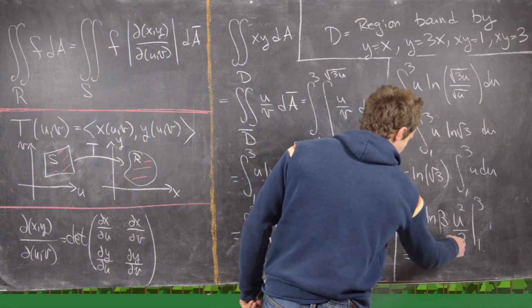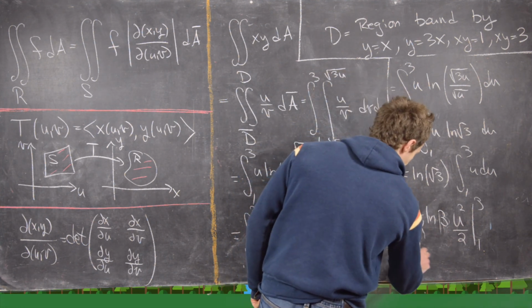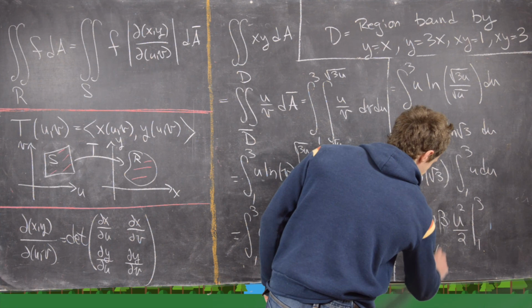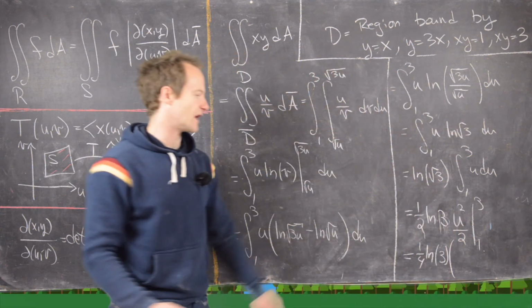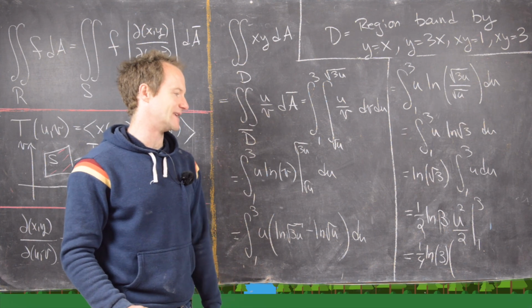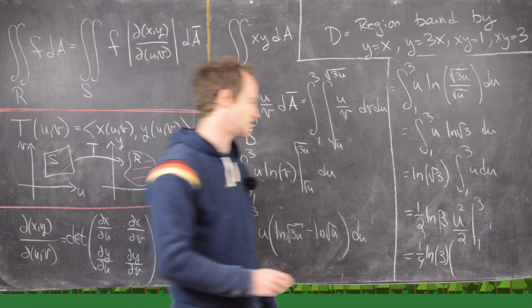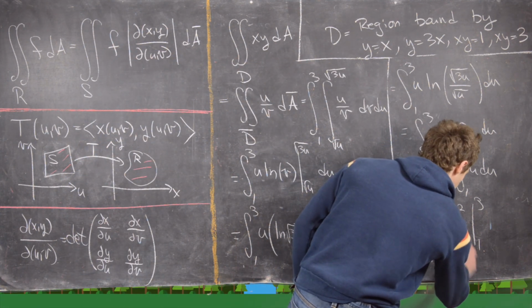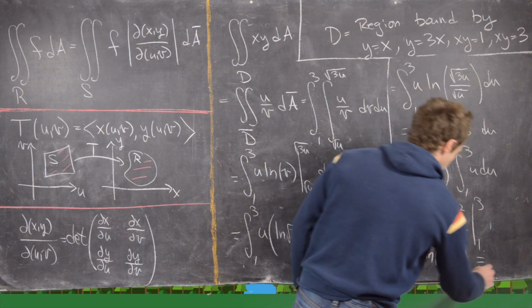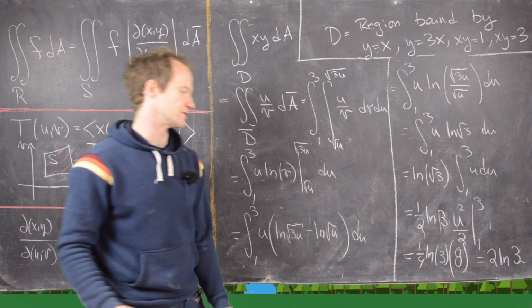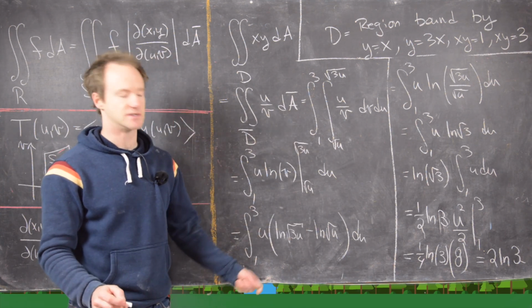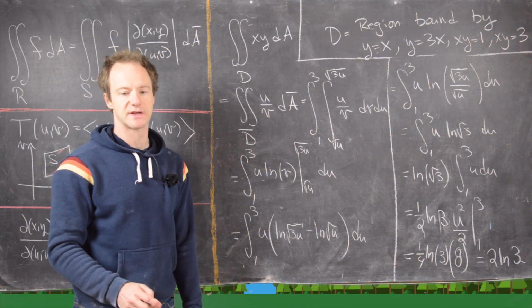So this half will combine with that. We'll get 1/4 times the natural log of 3 times the quantity 3 squared minus 1 squared. That is 9 minus 1, which is 8. Good. So in the end, we will get 2 times the natural log of 3 for our solution. 8 times 1/4 is obviously 2. Okay, good. So this is a good place to end this video.